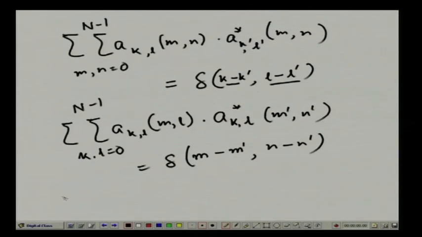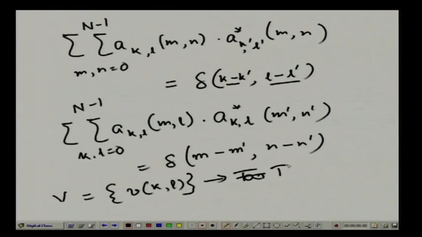So, by applying this kind of transformation, the matrix V, which we get, which is nothing but the set of V k L, is the transformed matrix, also called the transform coefficients.